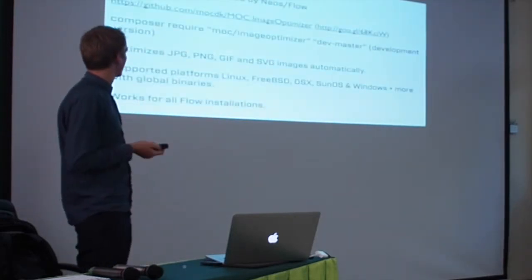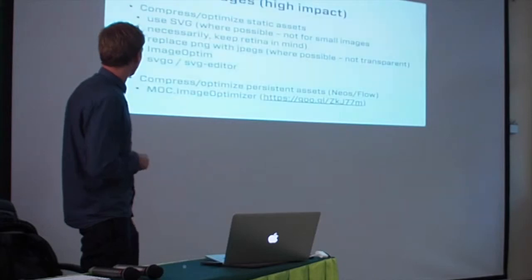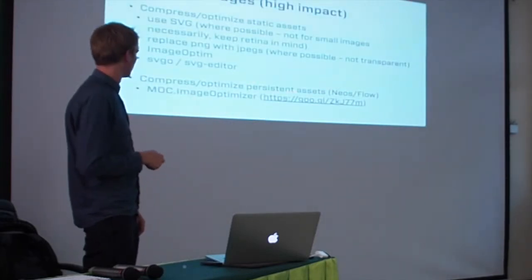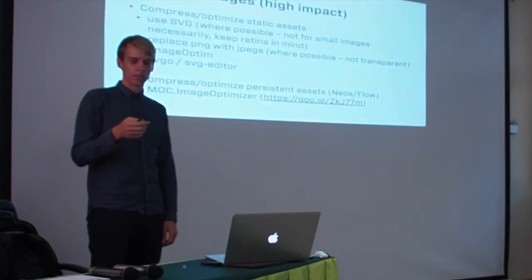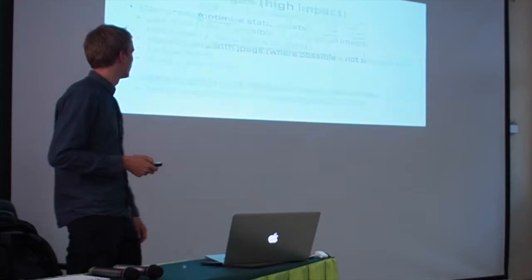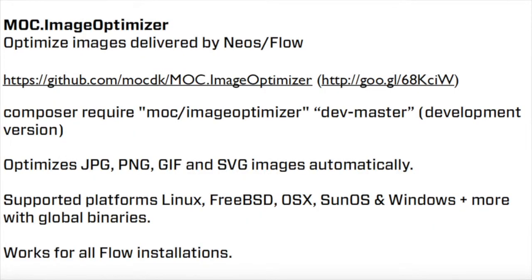The next thing, going back a bit, is the system resources, which are the images that the users upload for the CMS and so on. For Flow and Neos, I've created a package that helps you do this, so you don't have to figure out how, because it's not that easy.